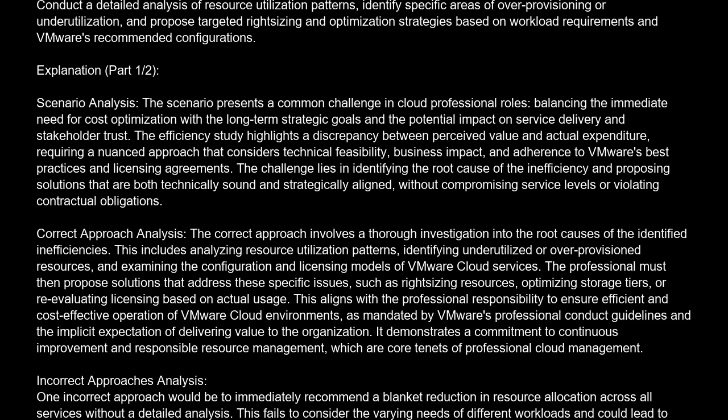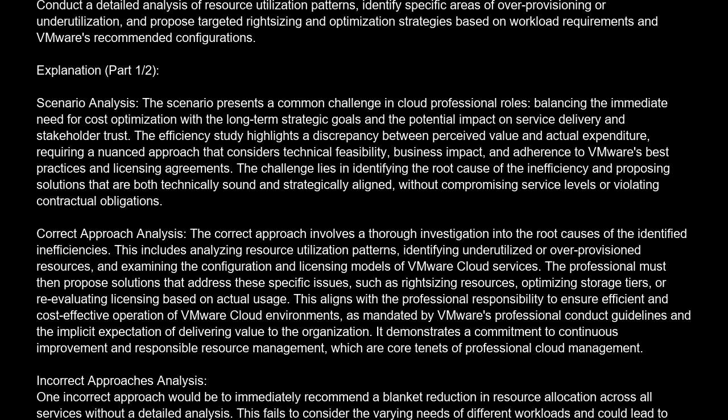This aligns with the professional responsibility to ensure efficient and cost-effective operation of VMware cloud environments, as mandated by VMware's professional conduct guidelines, and the implicit expectation of delivering value to the organization. It demonstrates a commitment to continuous improvement and responsible resource management, which are core tenets of professional cloud management.